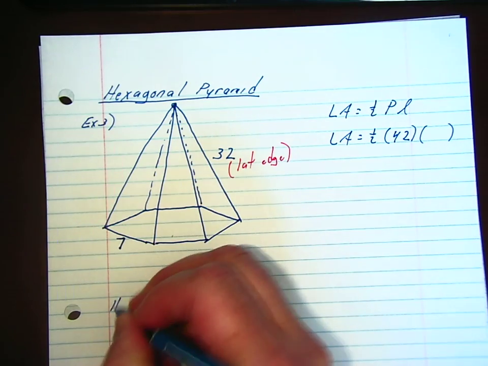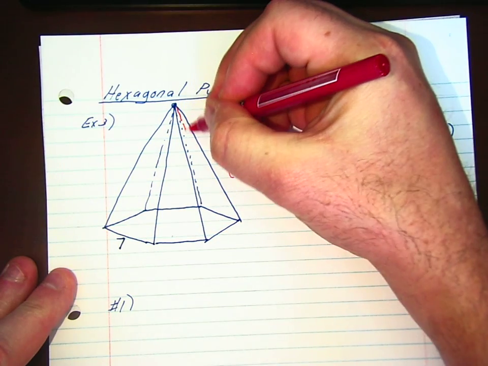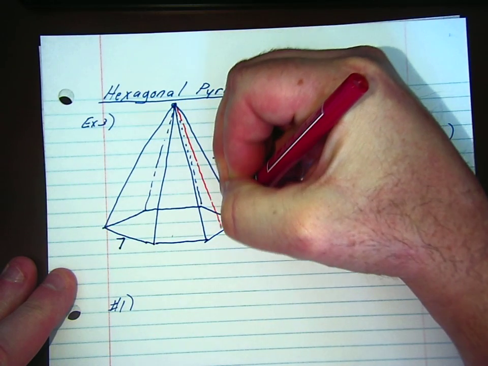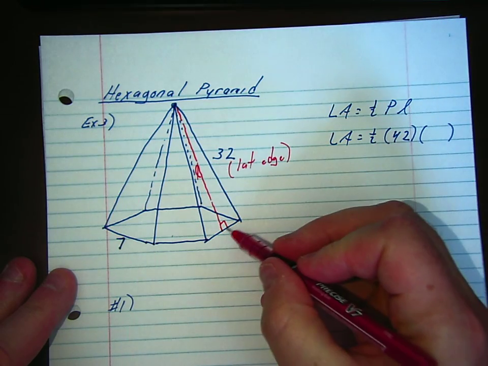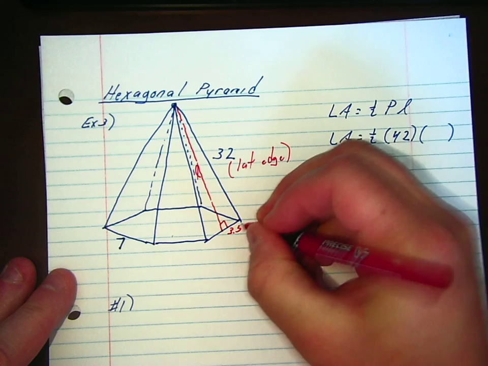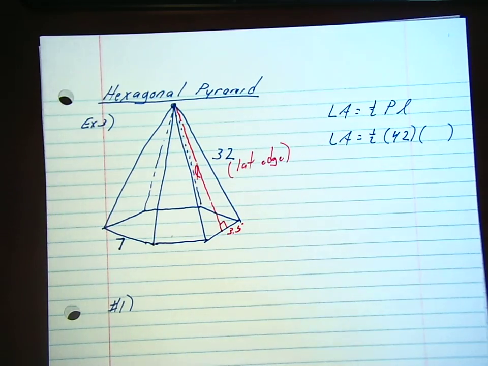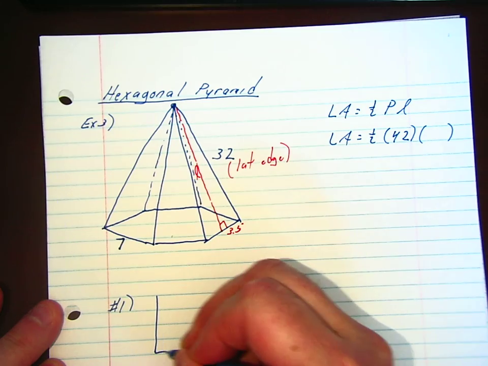So here's triangle number 1, which is this triangle right here. If I come down the middle right there in red, that's your L. This is half of the 7 because the whole thing's 7. So this would be 3.5. And then there's your 32, and you're going to do Pythagorean theorem. So let me draw that down here.